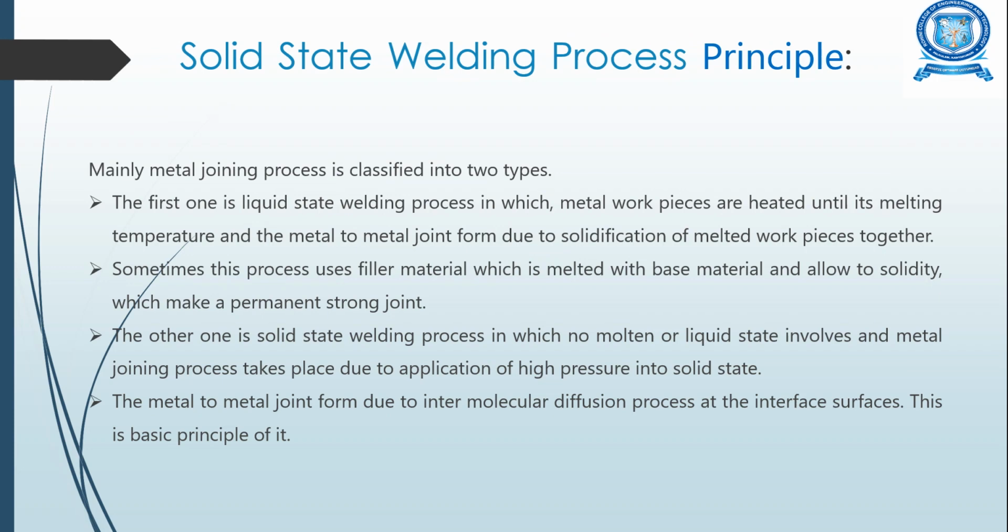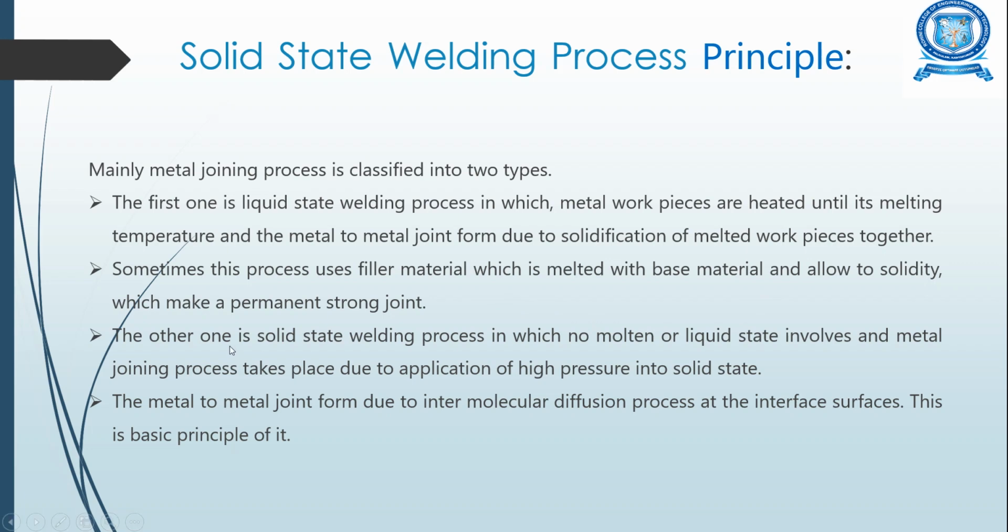Coming to the principle of solid state welding process, you can classify metal joining processes into two types. The first one is the liquid state welding process, in which the metal workpieces are heated until they melt, and the metal to metal joint is formed due to solidification of the melted workpieces together. Here, sometimes you may use a filler material, or you may not, for solidification of the joint.